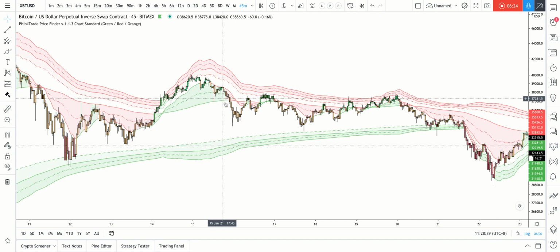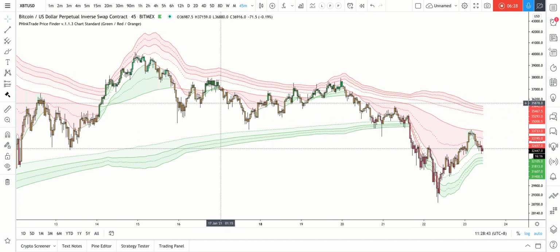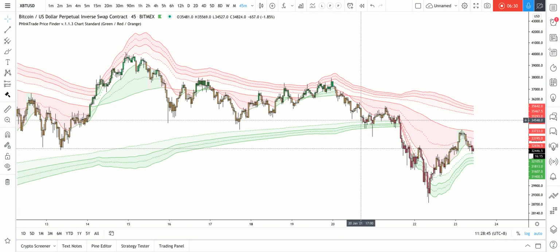And as we can see here, as price starts to close the lower side of the consolidation for the 45 minutes, the structure started to paint bars as red, signaling that a downtrend was approaching, or at least risking a downtrend. And it really got confirmed once we got the support broken.